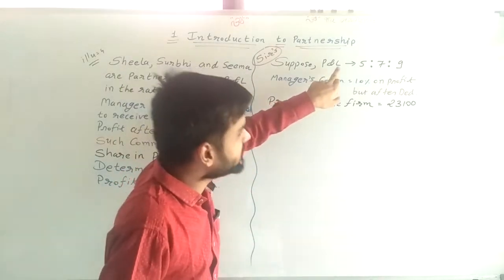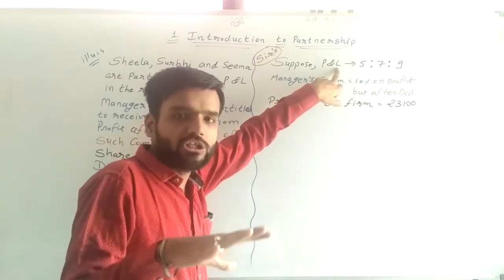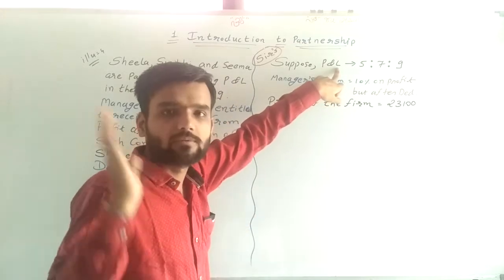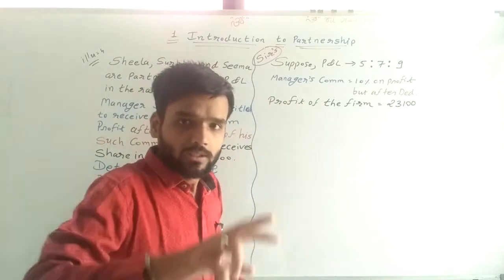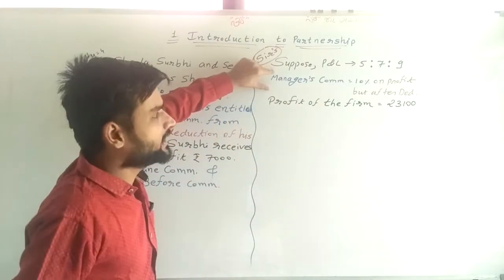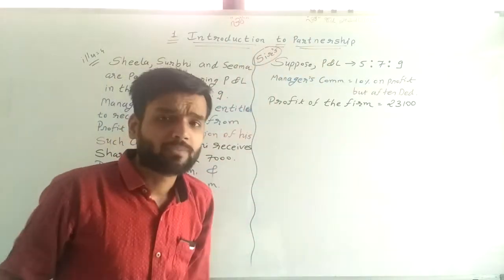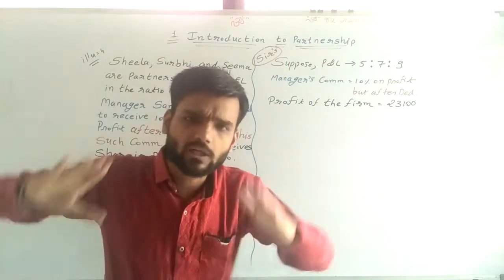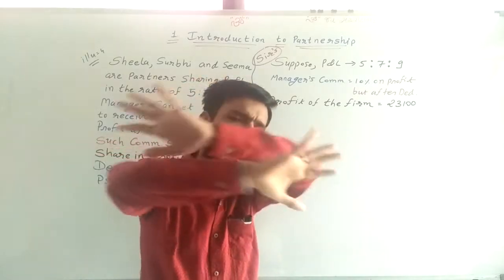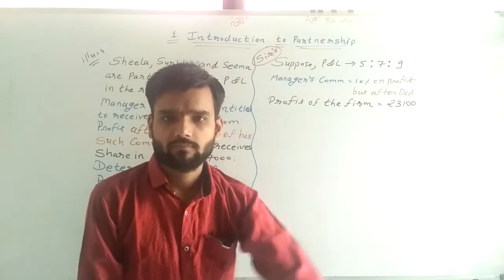Here the P&L ratio is given, so we don't need to assume equal proportion. Second thing, in the question we need to find the manager's commission. Here the partner's commission is not there, only this difference. Otherwise the calculation method remains the same.